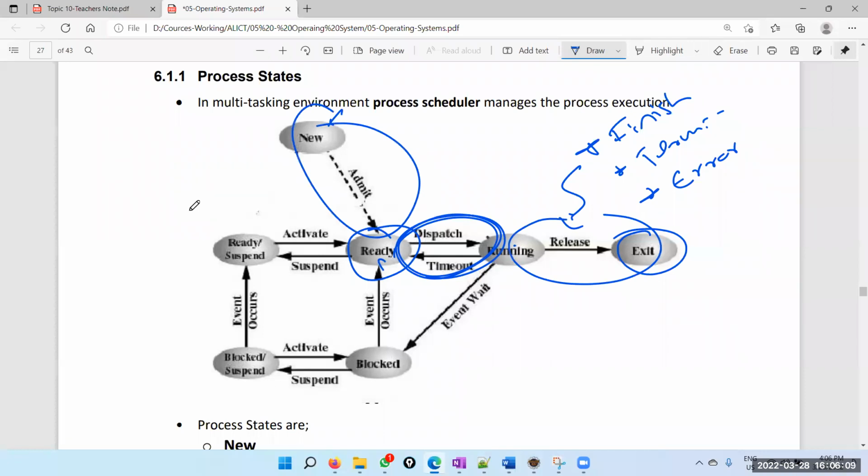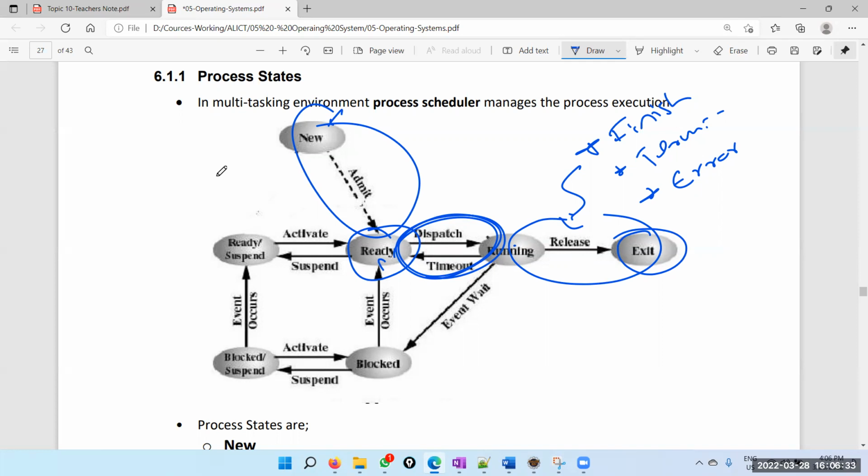Then we discussed that if the program comes to a situation where the user or any other device has to give attention, we call it an input-output operation. Until that attention is given, the process can't do any more processing or running.